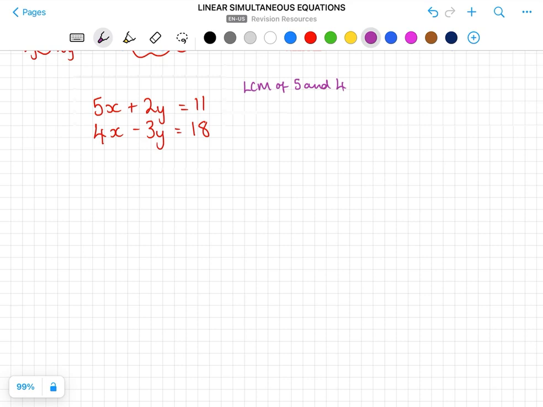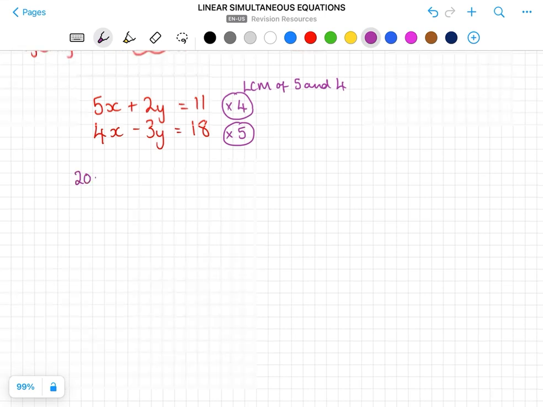Best way to do that is multiply 5 and 4 together to get 20. So we're multiplying the top equation by 4 and the bottom equation by 5. That now gives us 20x plus 8y equals 44. And 20x minus 15y equals 18 multiplied by 5, which is 90.